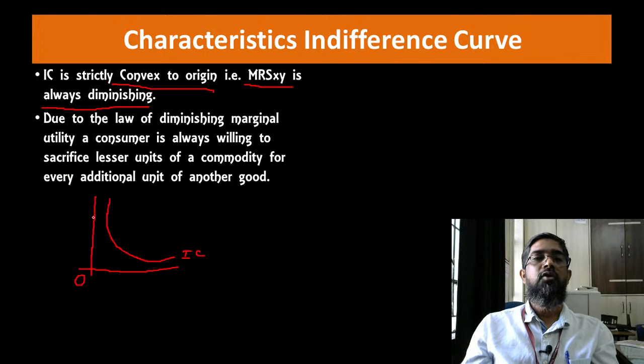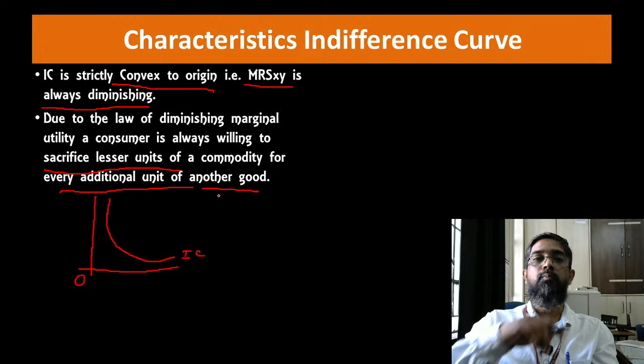Okay. So why is this characteristic of the indifference curve convex to the origin? This is because the marginal rate of substitution of x for y is always diminishing. Due to the law of diminishing marginal utility, the consumer is always willing to sacrifice a lesser unit of a commodity for every additional unit of another good. Again you can see that biscuit and banana example.